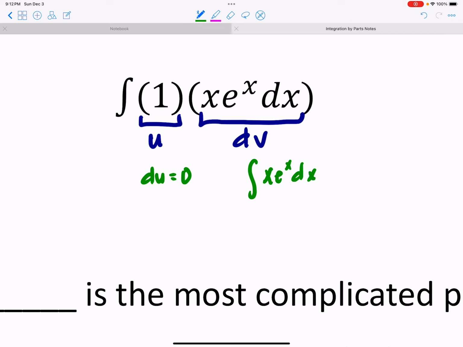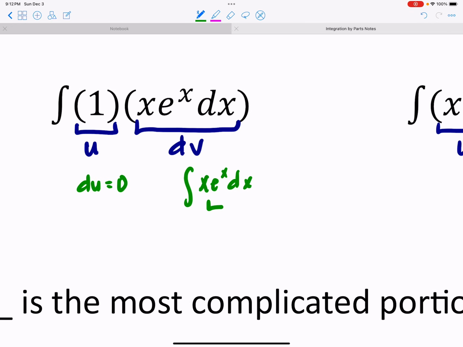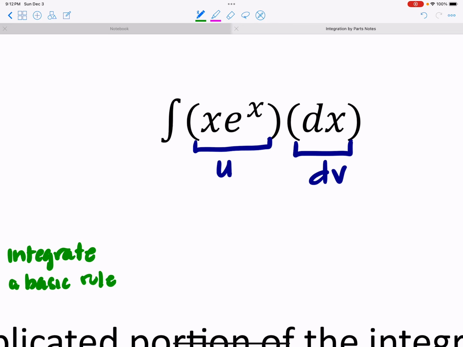I can't take the integral of this product unless I'm using integration by parts. So I'm stuck here. This definition for u and v is not going to be good. We can't integrate this using a basic integration rule.